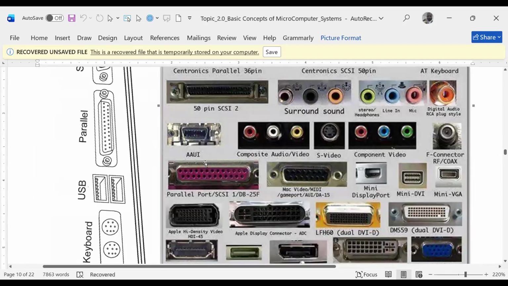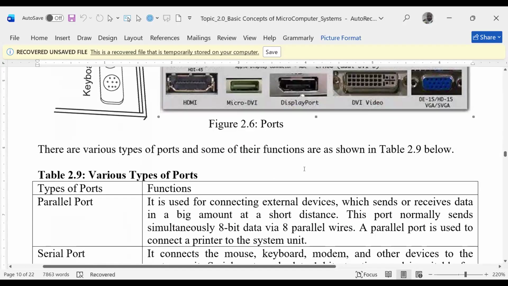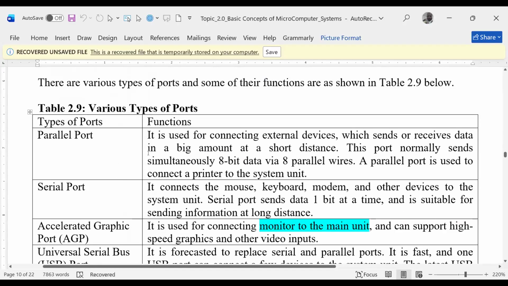These 8 pins each deal with 1 byte at a time, so here it sends or receives data in a big amount for short distance. This normally sends 8 bits at a time. Normally for printer connection. More powerful, sends more data.